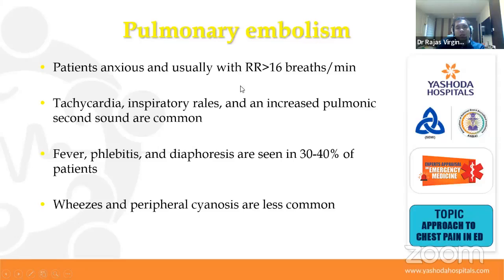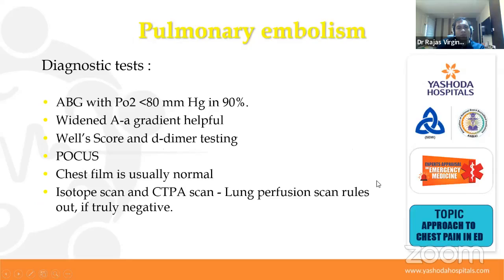Patients are very anxious and they tend to be breathless with high respiratory rates. You can see tachycardia, which is quite frequent in these patients. Very rarely, you can even have some fever.